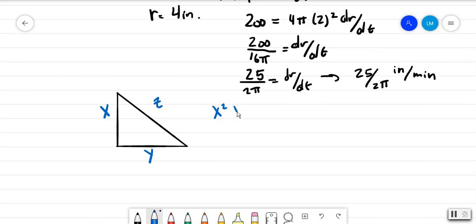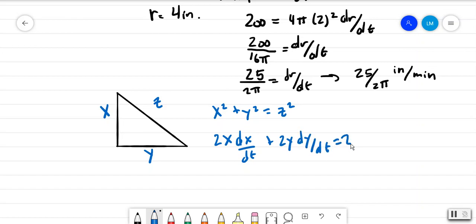So you have x squared plus y squared equals z squared, and if you want to know the distance between them both, then you would find the derivative with respect to time. So that's 2x dx dt plus 2y dy dt is equal to 2z dz dt.